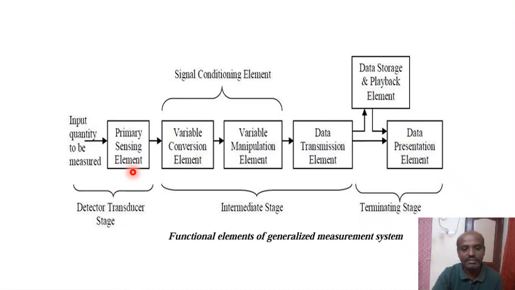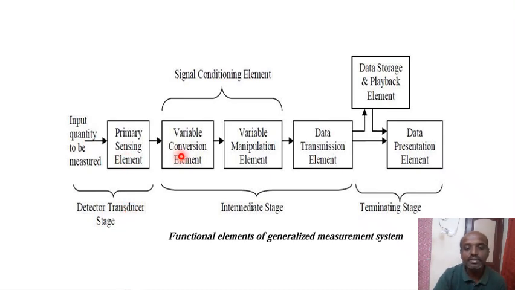If it is present, it converts one form of energy into another form of energy. This is the main role of the primary sensing element. So the input quantity and primary sensing element combined form the detector transducer stage.